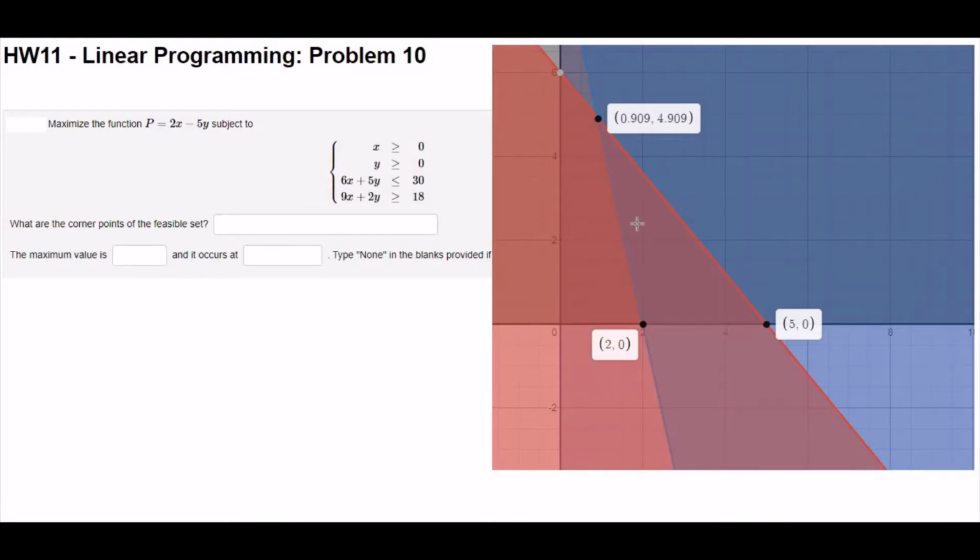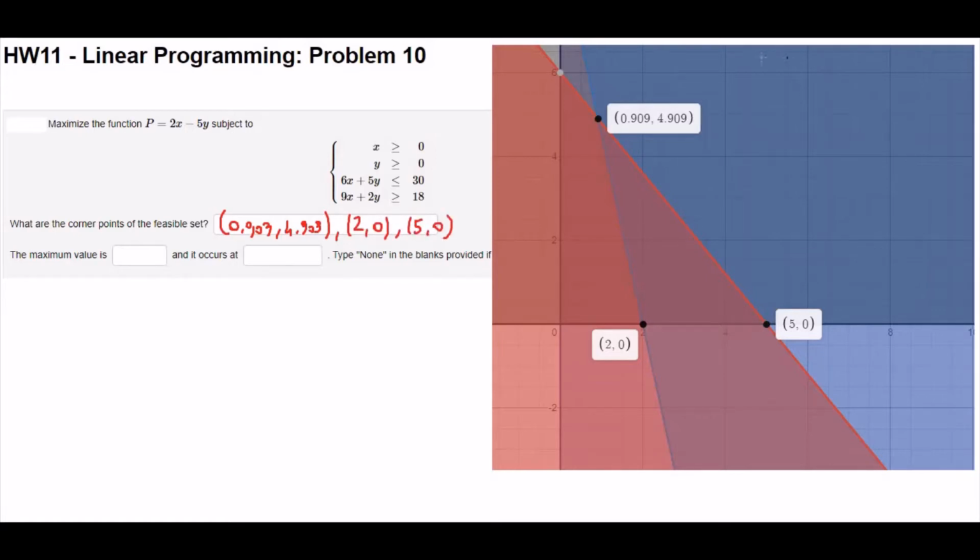And compute the maximum value. First of all, we know our vertices already, so we can write that down. So the corners of the feasible set are (0.909, 4.909), (2, 0), and (5, 0).